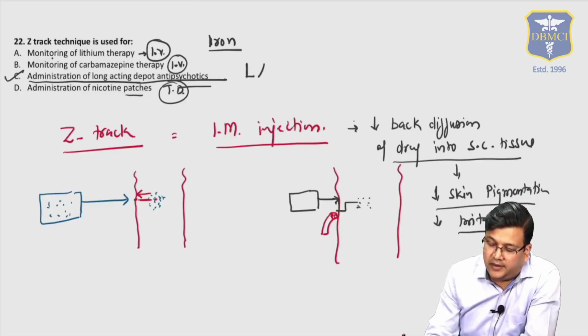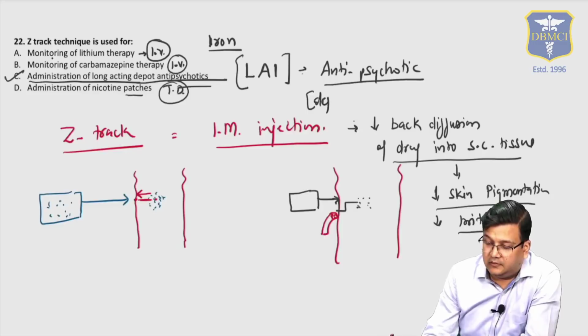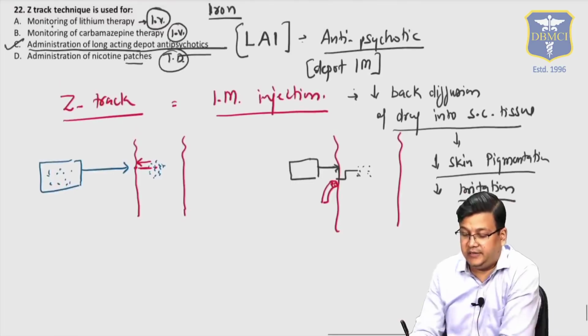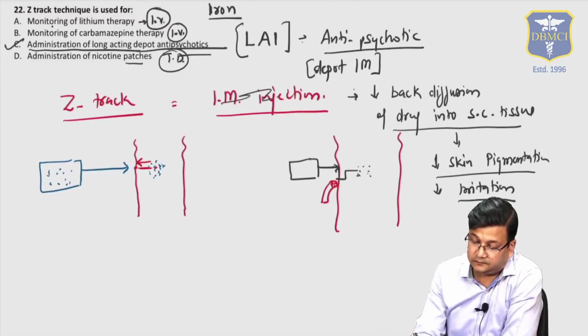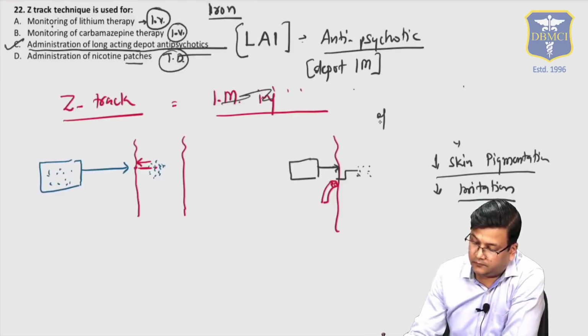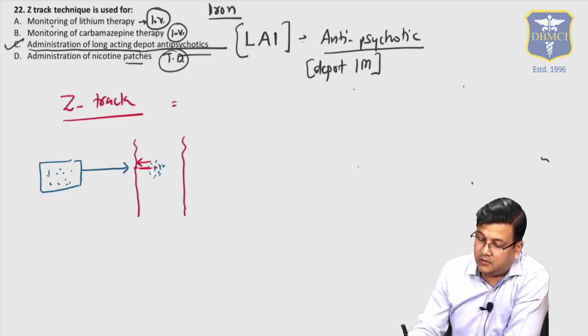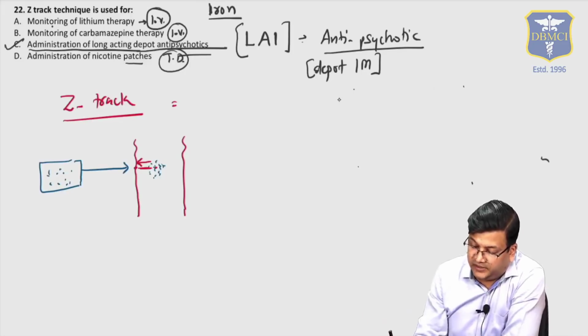So long acting IM preparations are given for antipsychotics, also known as depot IM injections. They are used for antipsychotics. And which antipsychotics?